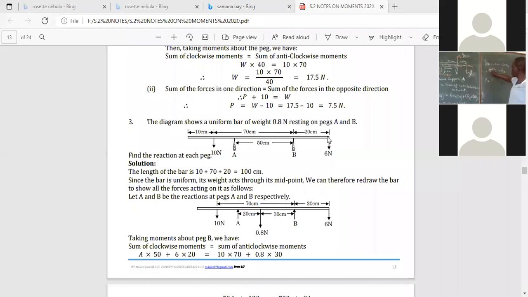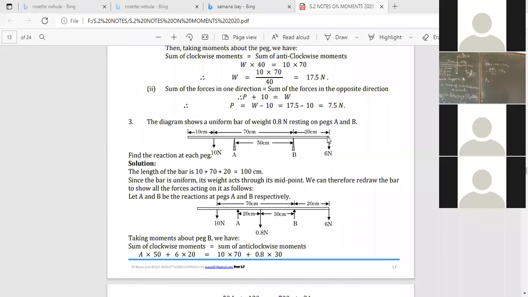So 436, when I take out 200, gives me 236. So when you divide 236 by 50, what do you get? 4.72. Is that the same answer we had previously? Yes, it is.